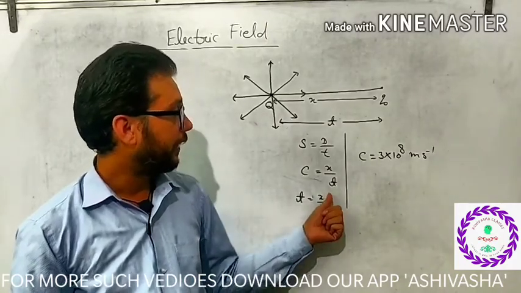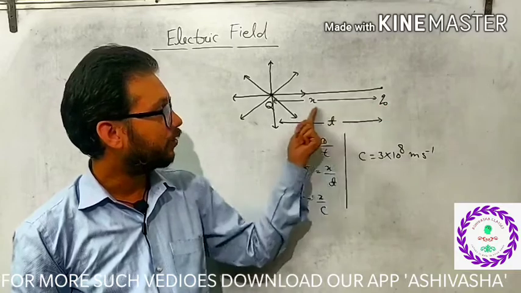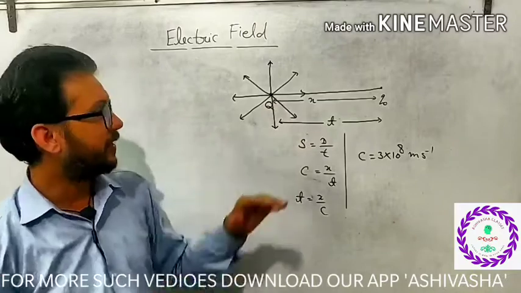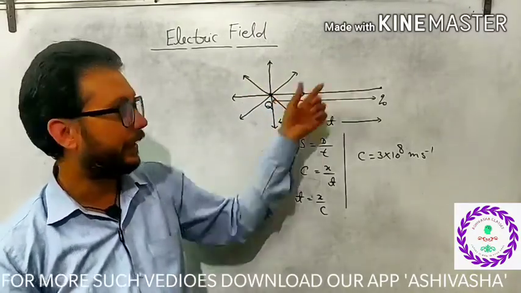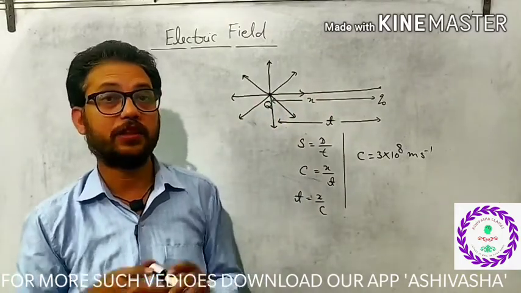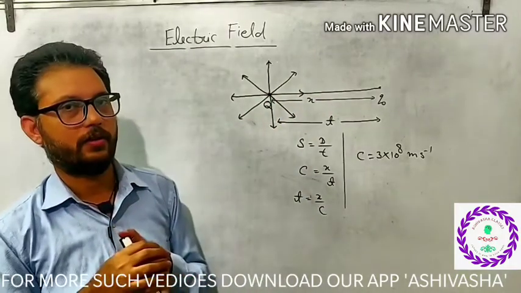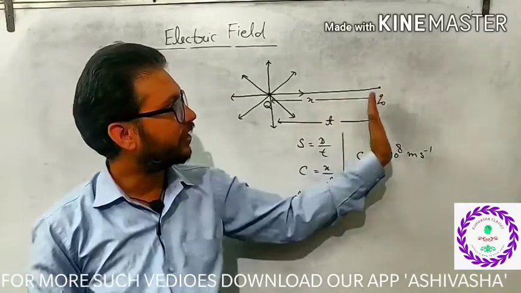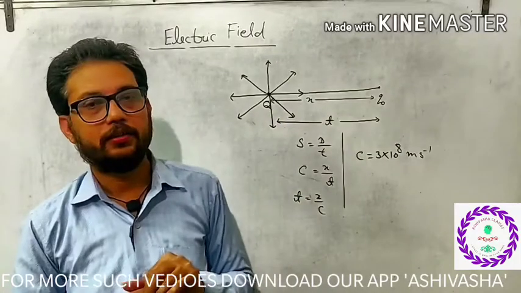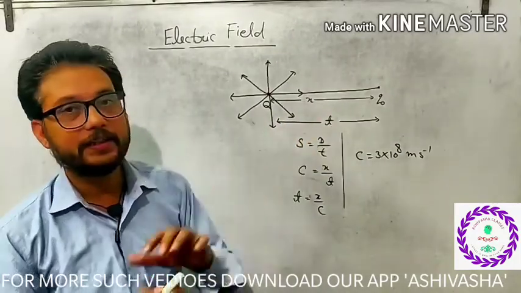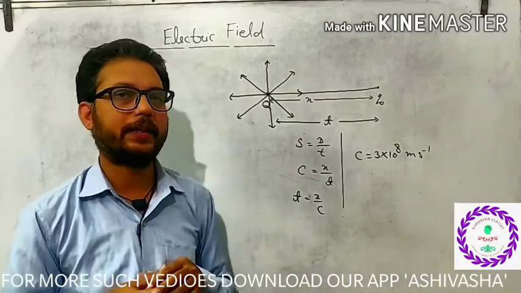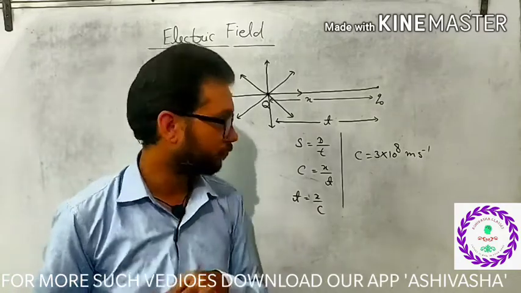If x is small, or the charge Q naught is close to the charge Q, it means this electric field can reach Q naught in less time. It means it will apply a greater force. But as the charge shifts away from the main charge Q, the time duration increases. As a result, the applied force is also affected, and the field becomes weaker.